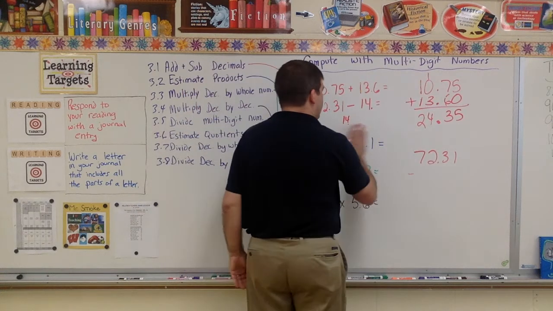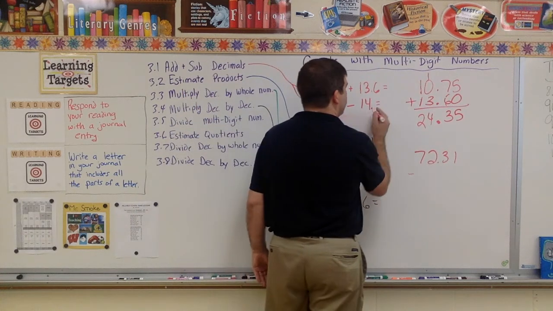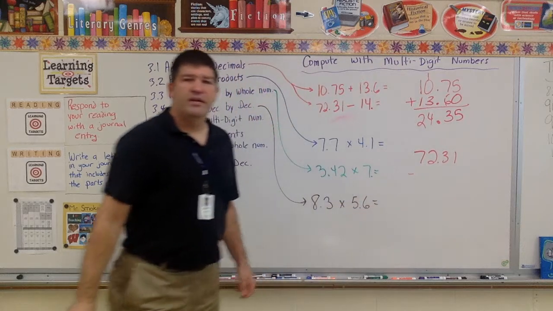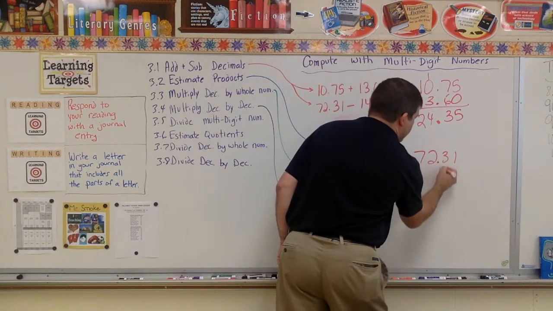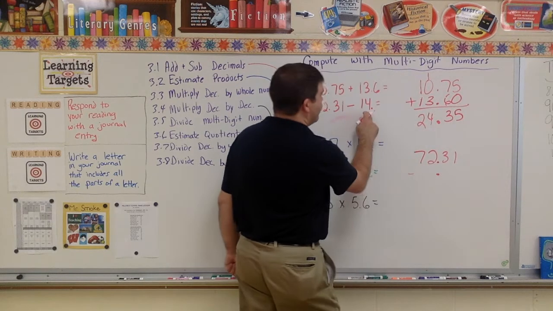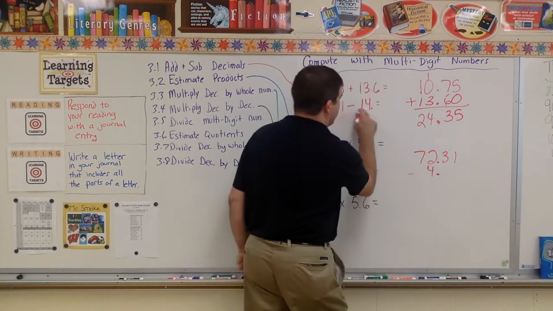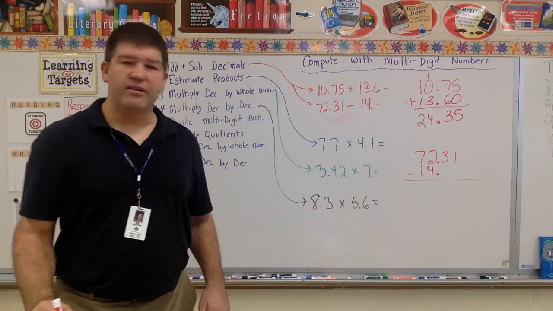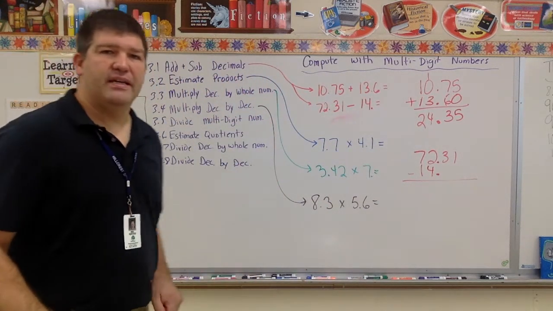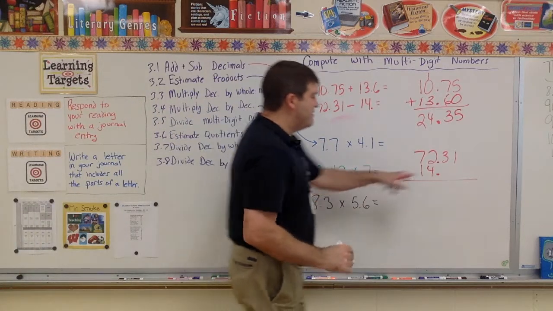So every number has a decimal at the end of it. Okay? So the decimals here, I want to line them up, and now I have a 4 there and a 1 there. Okay? So 72.31 minus 14.